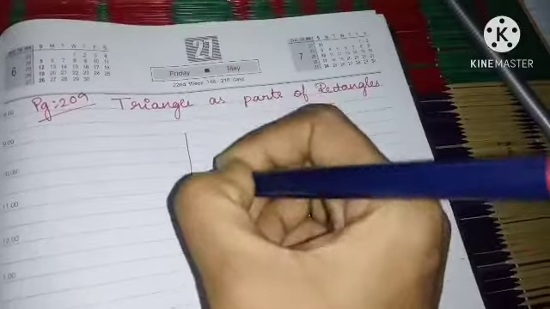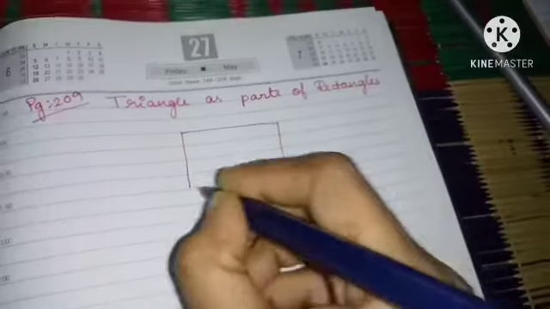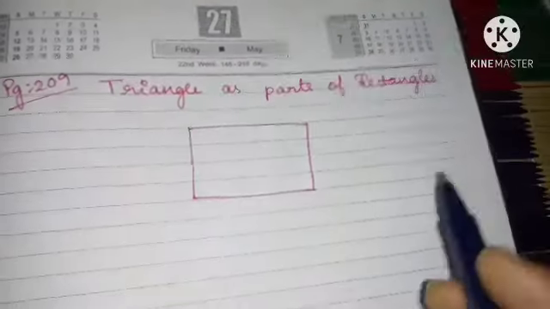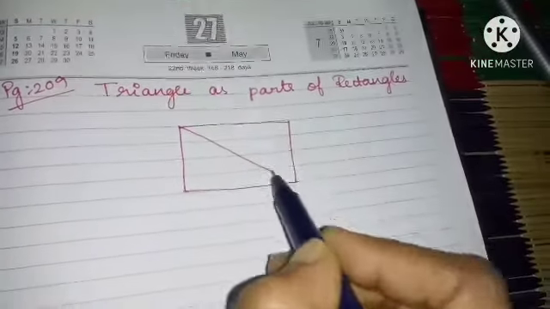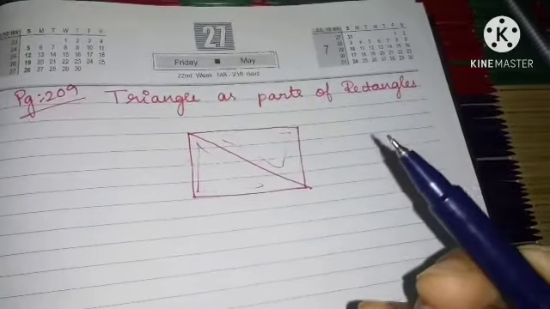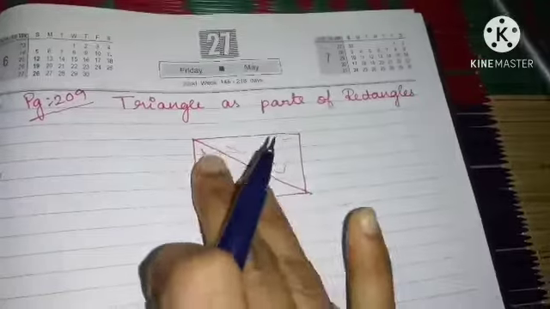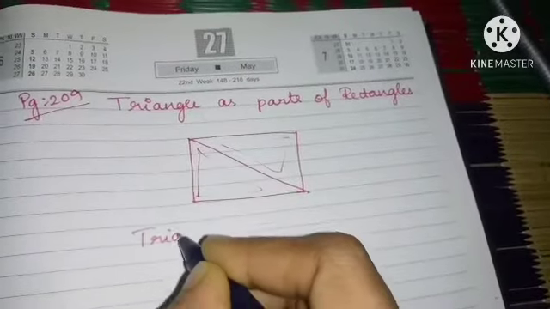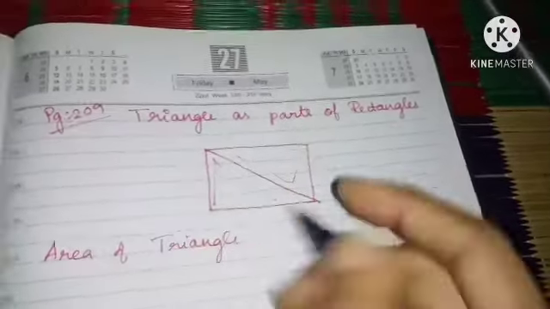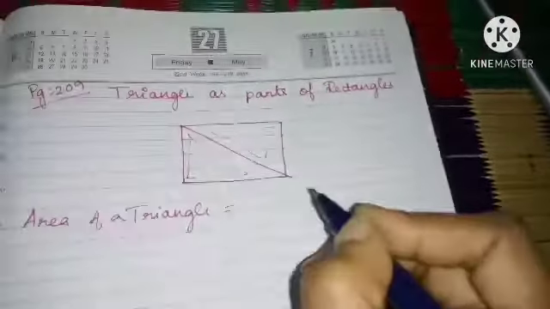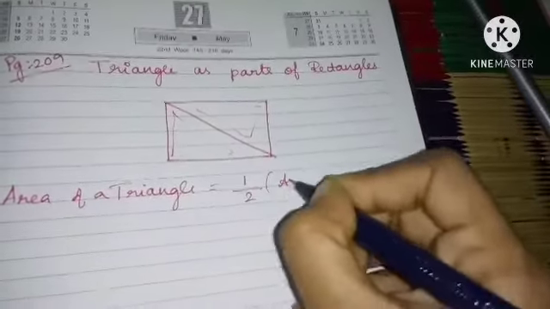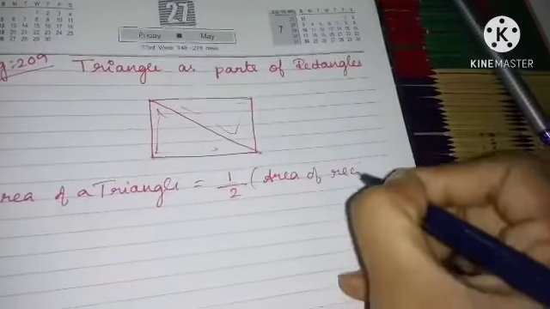Okay, one rectangle is there, you know the rectangle shape, right? This rectangle is divided into two triangles. This is one triangle, this is one triangle. So the area of one triangle is equal to half of the area of the rectangle, right?